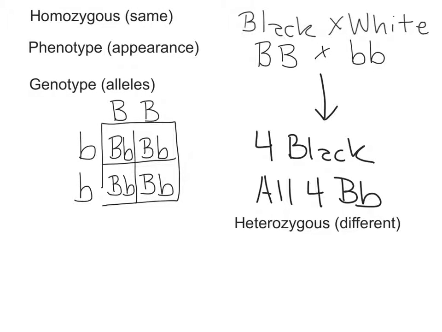So then let's go ahead and take a quick review of those terms again. So homozygous, remember, is where I have both alleles are the same. So this first cross was a homozygous cross, or a cross of 2 homozygous parents. We first look at the phenotype, or the appearance, which is, again, what it physically looks like.